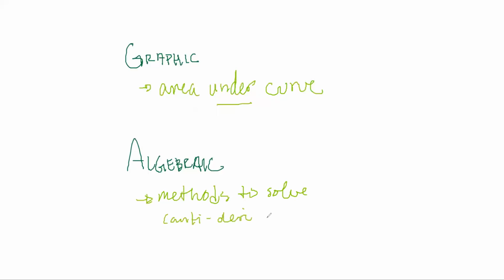Is 5.4 antiderivatives, right? Mm-hmm. Cool, okay. Yes. Okay. So, reversal of the derivative, we're looking at area under the curve. We have these methods to solve that we're going to be using later on.